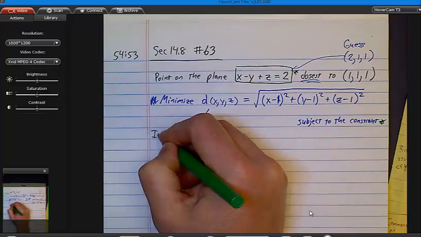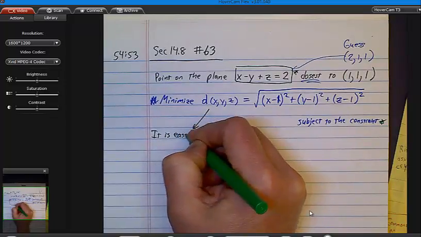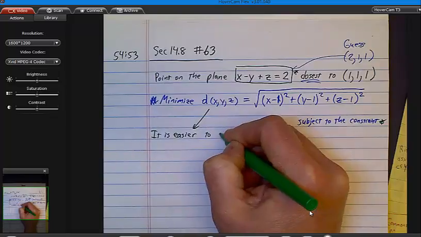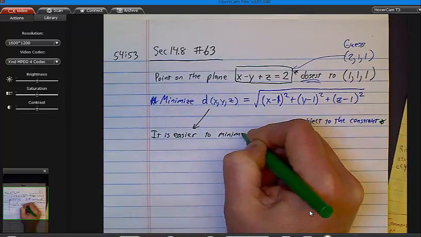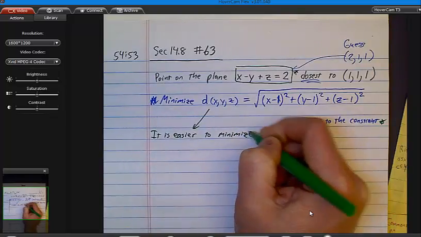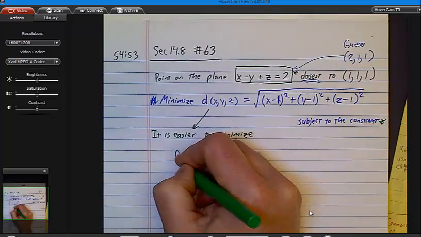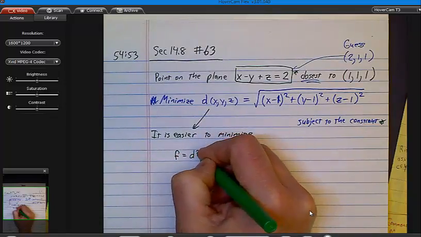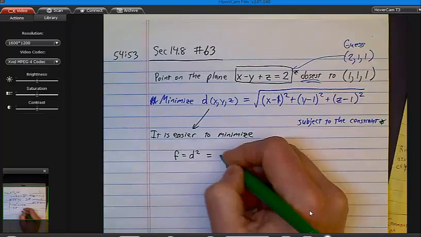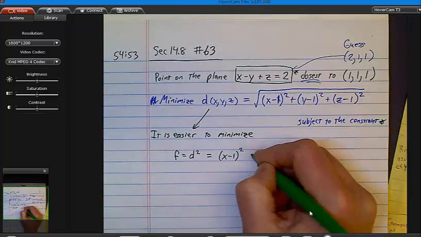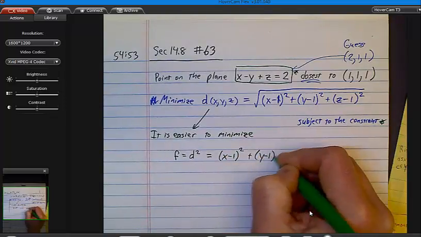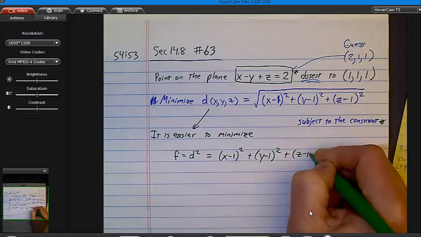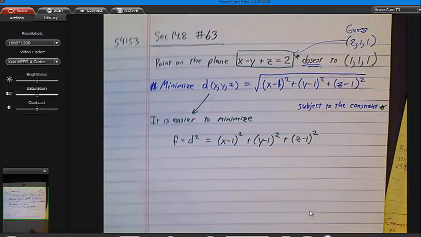It is easier to minimize the following function, f, which is d squared, which is just this function. In Calc 1, you just said we can minimize what's under the square root and we don't even care.